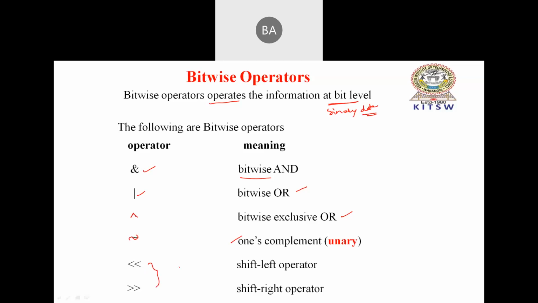And these are the two important shift operators: one is called left shift and the other is called right shift. Less than less than is left shift, and greater than greater than is right shift. So these are the different kinds of bitwise operators we have.